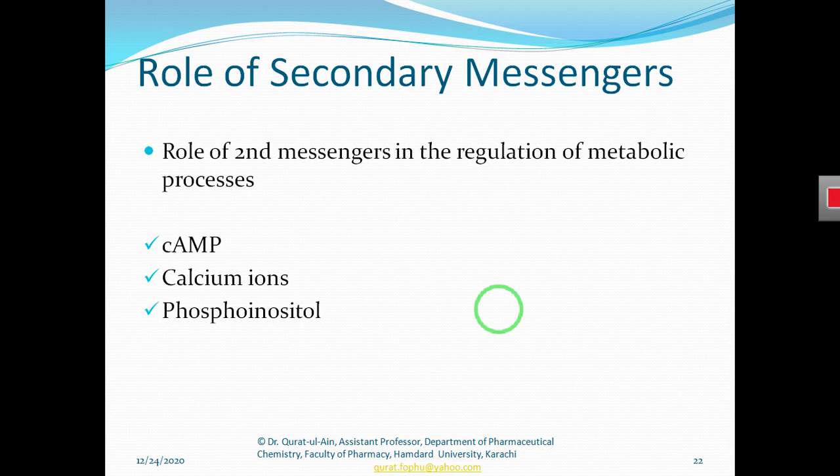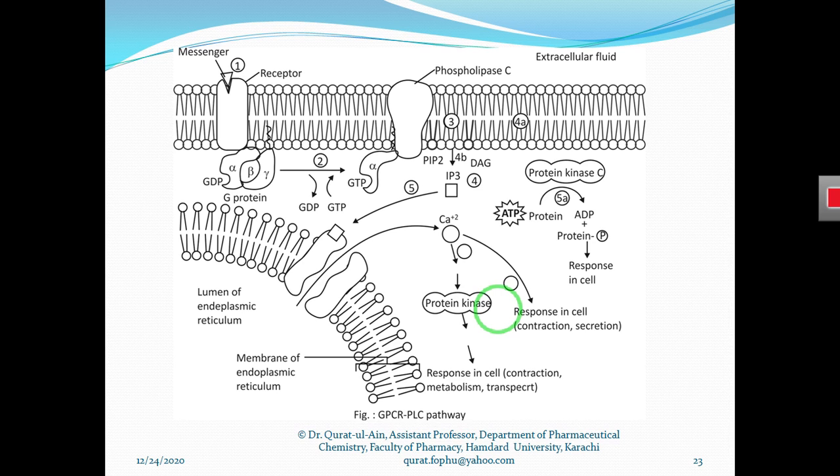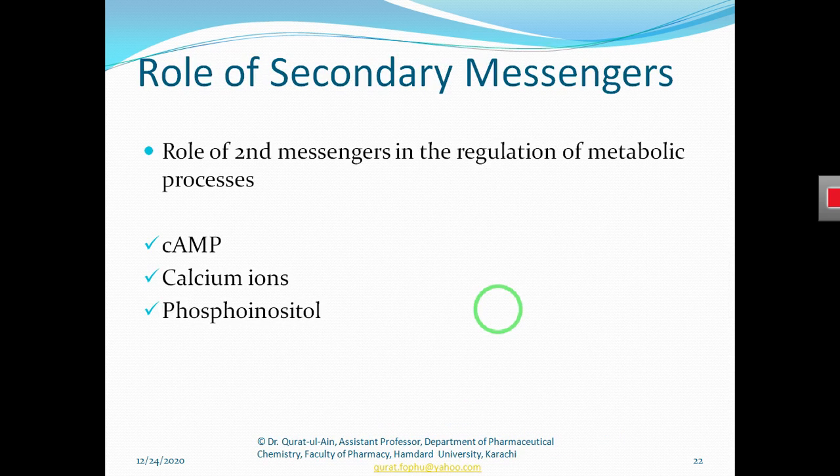These are not external; these are internal signals. So we will be studying where they form, where they are present in the cell, and what they do. We will be talking about these second messengers: cyclic AMP, calcium ion, and phosphoinositol.